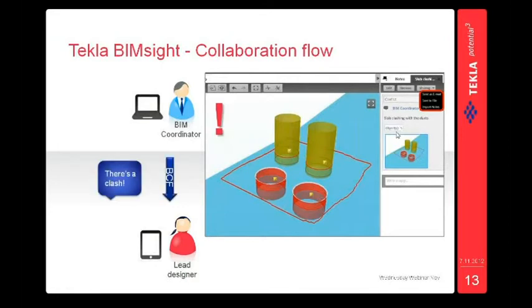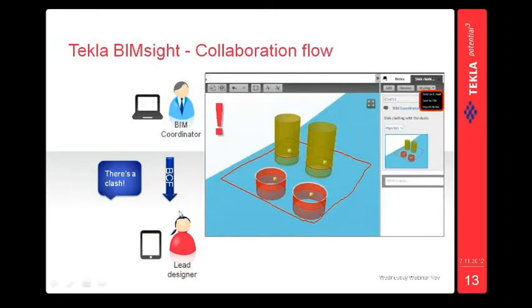The next step is to communicate this issue to the lead designer. The BIM coordinator can either send this note via email to the lead designer, or save the note to a file, for example in some shared network folder, or a shared Dropbox folder.